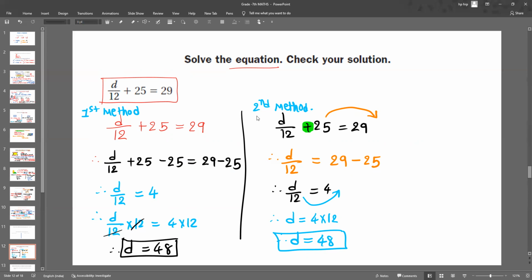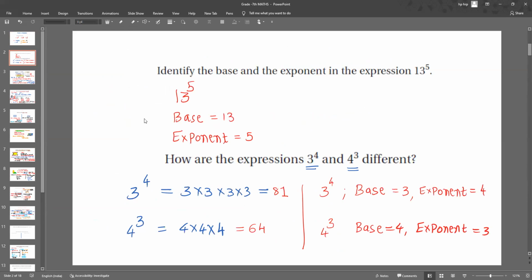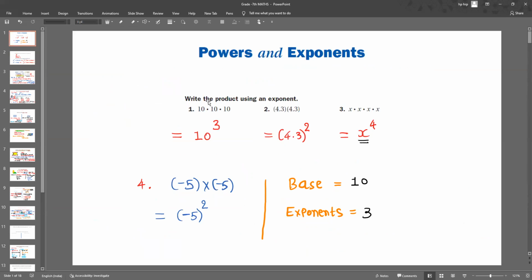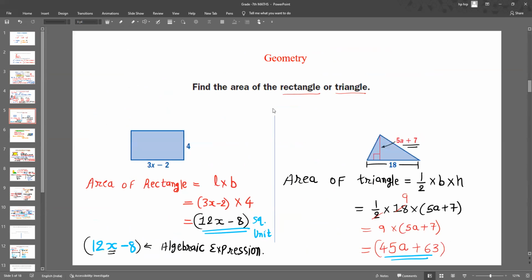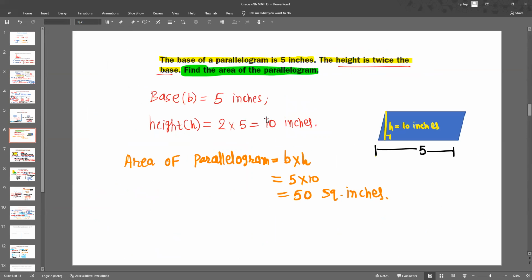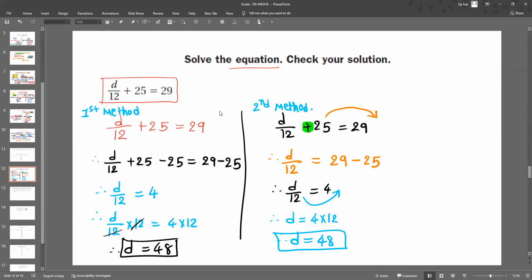So how is she doing? Yes, she is doing good. Today I just took different questions from two, three different topics, so I could evaluate how many different types of questions she can solve. I took different questions from power and exponent, from geometry, and from these equations.